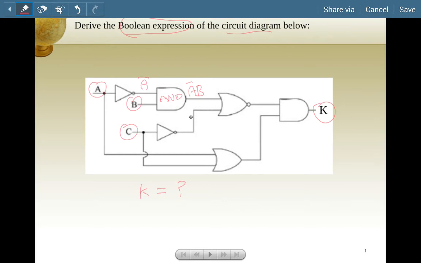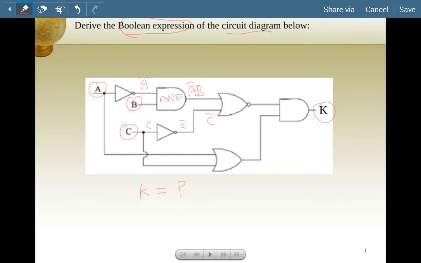I don't have the answer yet, so you trace all the way back. Oh, it is coming from C. So you ask yourself, C going through an inverter, what do you get? Yes, you get C bar. C, not C. Let's call it C bar. I'm just copying the symbol here at this point.